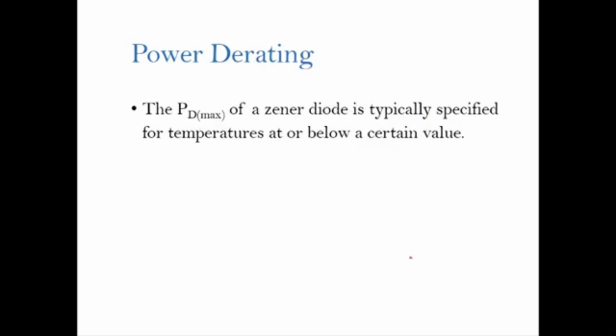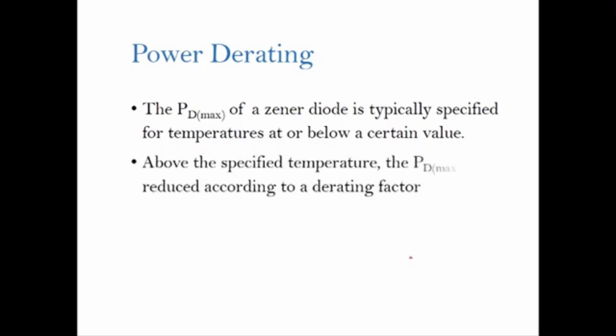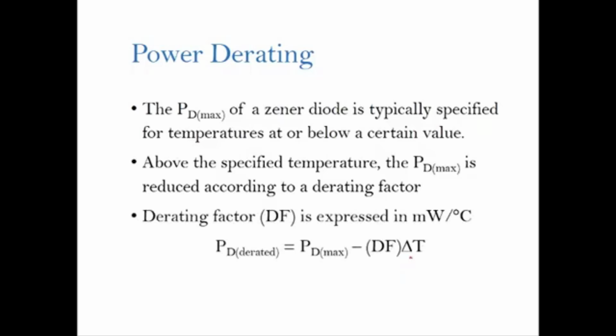Okay, and then we have the power derating. PD max of a Zener diode is typically specified for a temperature at or below a certain value. Above the specified temperature, the PD max is reduced according to the derating factor. The derating factor is expressed in milliwatt per degree Celsius.